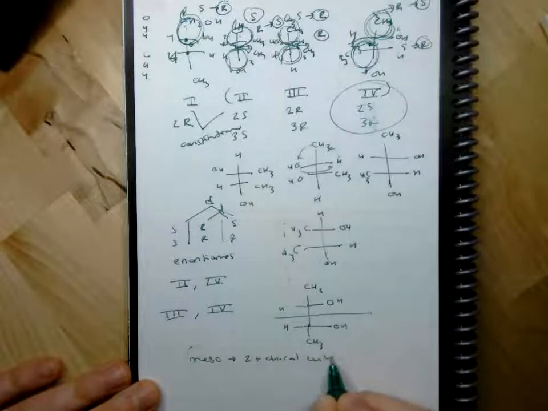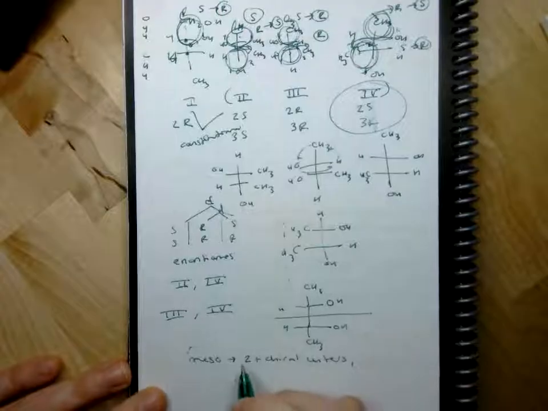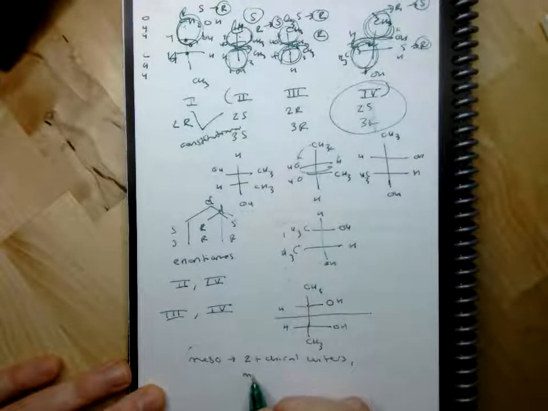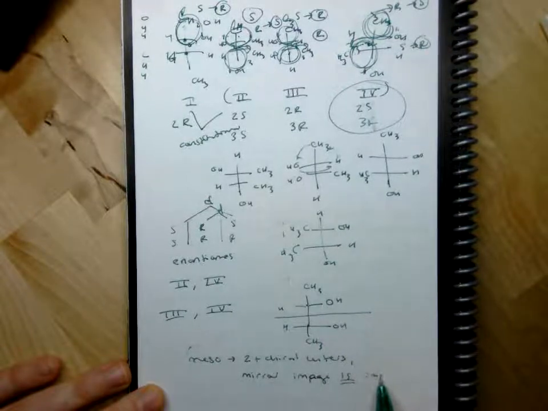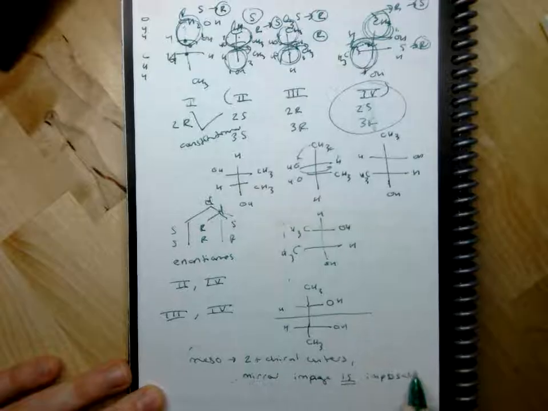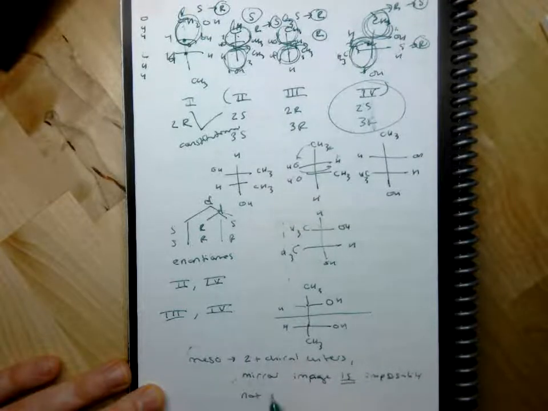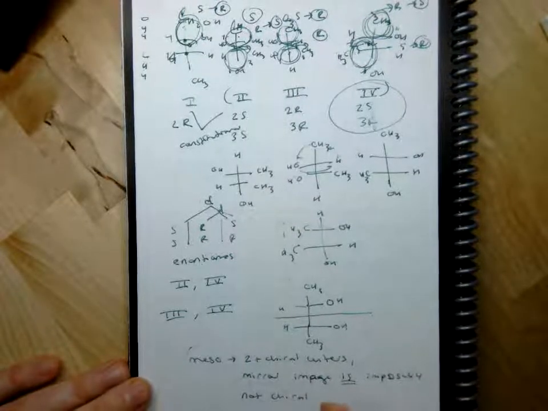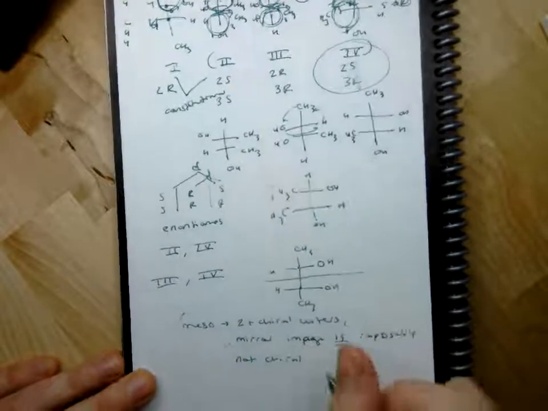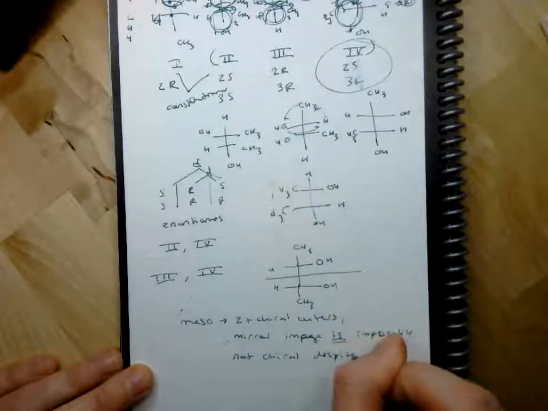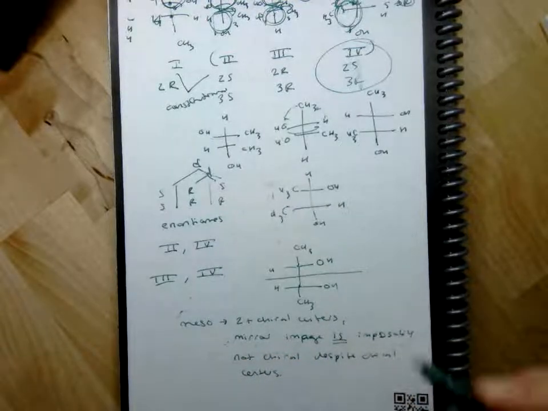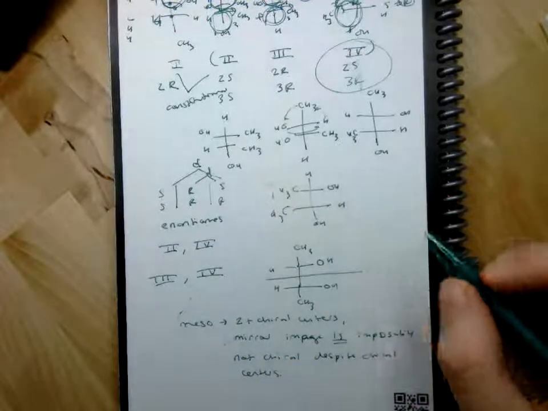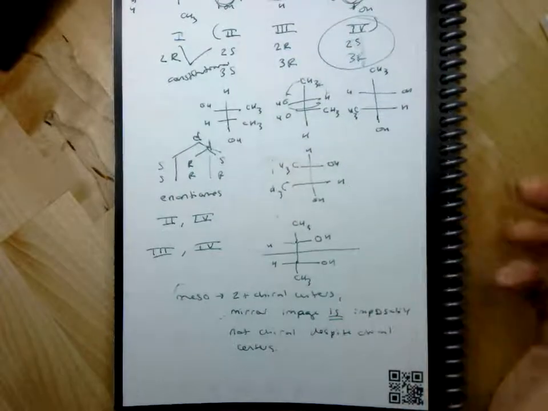And a meso compound specifically is a compound that has 2 or more chiral centers. It really has to be an even number, I think. But the mirror image is superimposable. So it's not a chiral molecule, it's not chiral despite its chiral centers. The thing about that is it's a mirror image across itself.